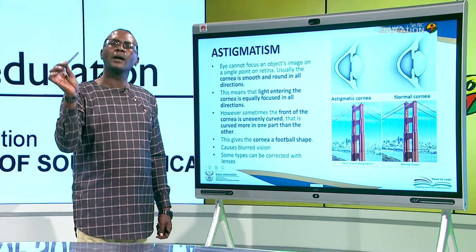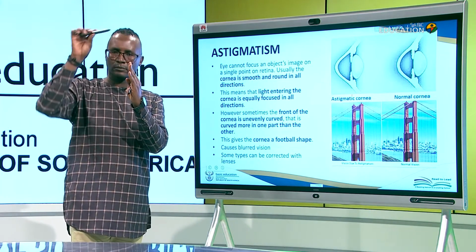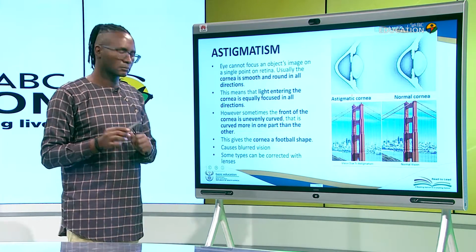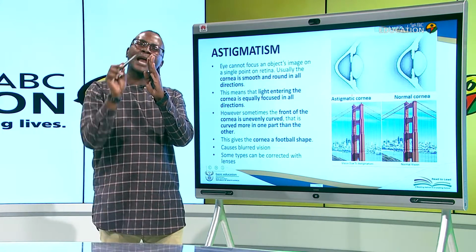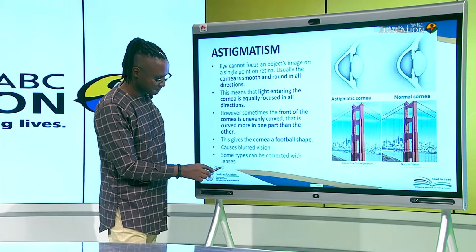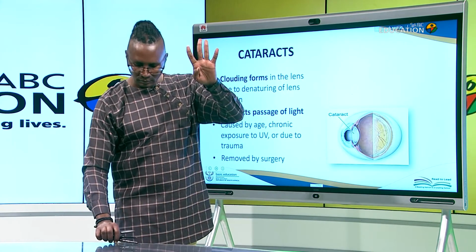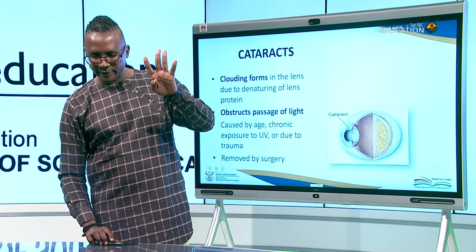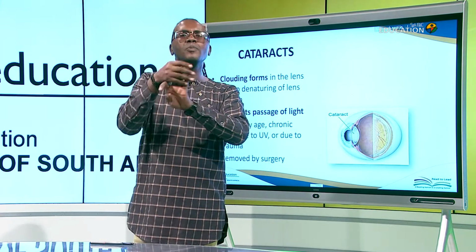They must give the lens according to the surface of the cornea. So your lens will be designed according to the curvature of the surface of your cornea. So for the three sicknesses of the eye that we've done, the rectifying method will be lenses.